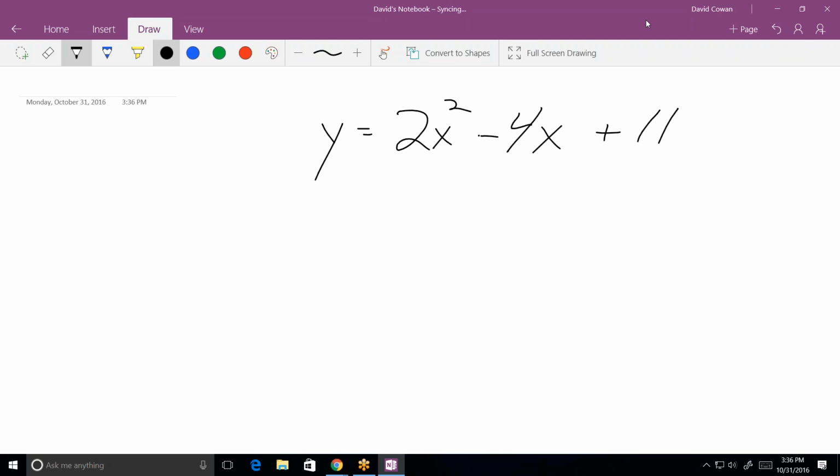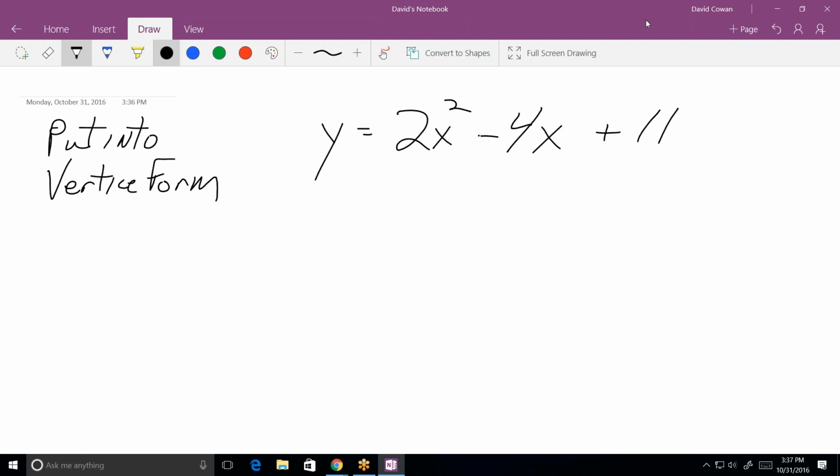Again, I could try to factor it, but I can tell you right now there's no way to factor it. What if it said put into vertex format? That's the problem. Put it into vertex format. This is a quadratic, which is a parabola.